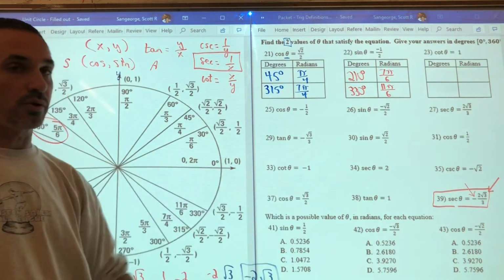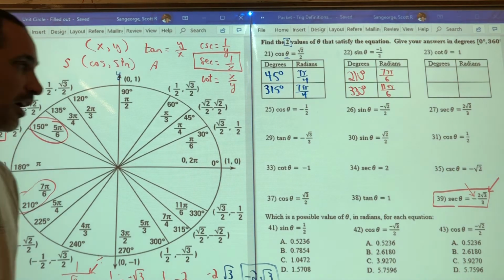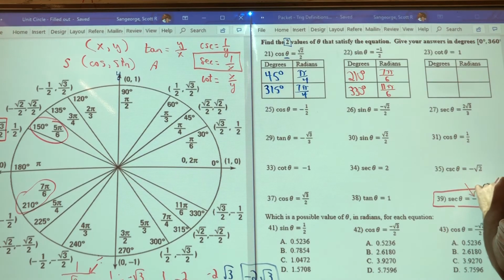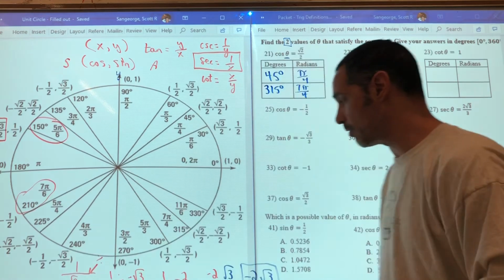And that is what I'm looking for. So I now know my answer is these two angles. So 150 degrees, which is 5 pi over 6. So 150 degrees, or 5 pi over 6, is one answer. And the other answer is 210 degrees, which is 7 pi over 6.